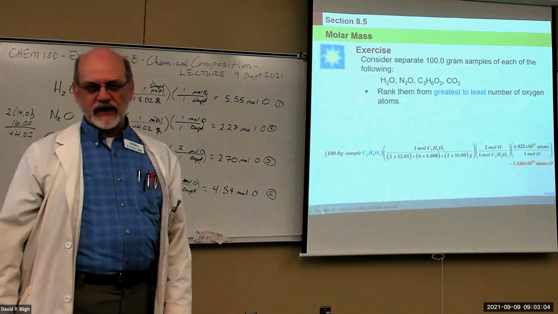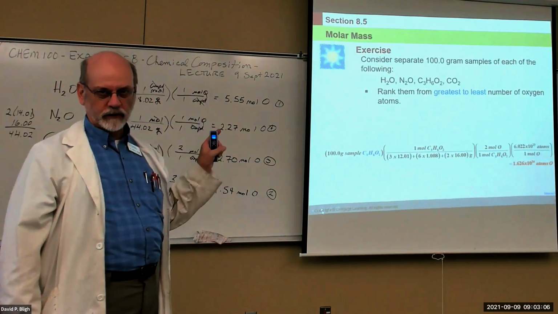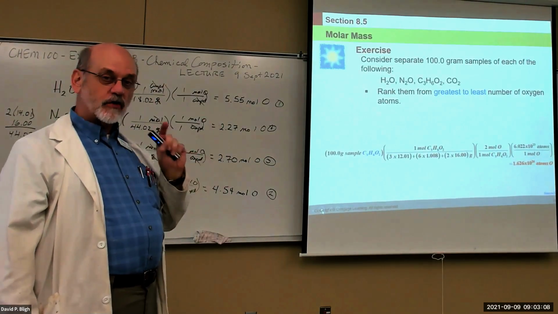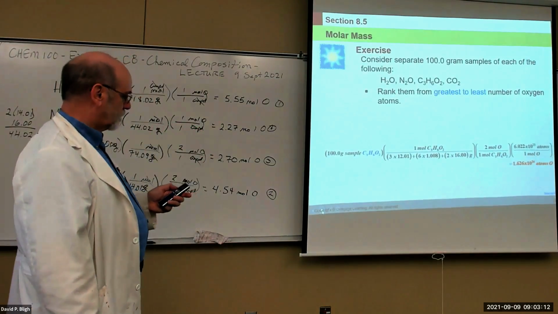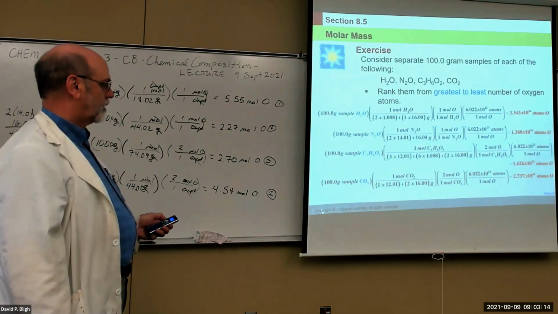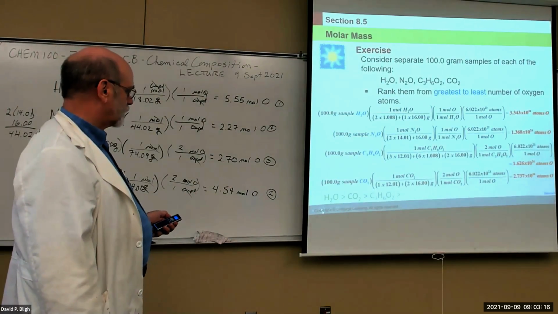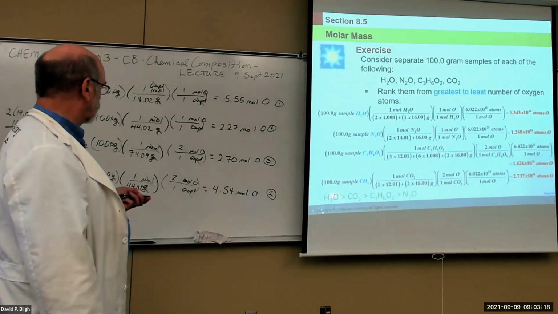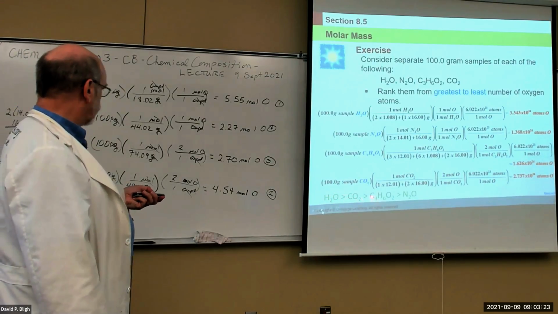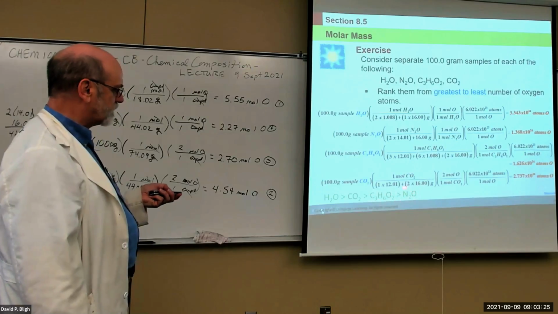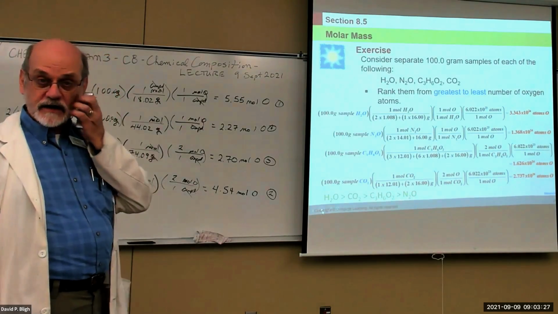You don't have to do that, not when you're putting them in order. As long as you know the number of moles of each, you can tell the order. Right? So there's the order. Water, yep, number 1. Number 2 is carbon dioxide, yep. Number 3 is propionic acid, and dinitrogen monoxide is the last one.